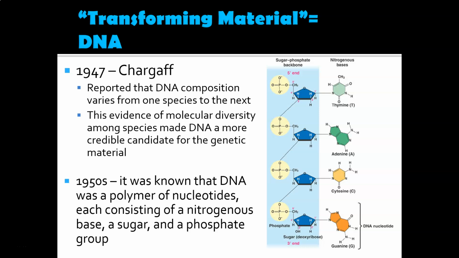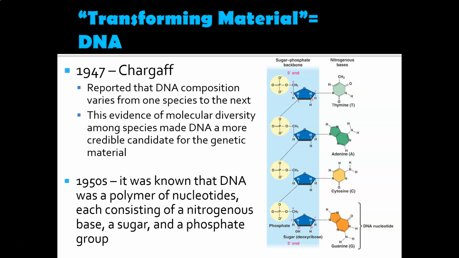So we're going to get a little bit more credence, a little bit more support for Avery's findings when we look at things in the 1940s and 1950s. So Chargaff, he's going to be the one who ultimately gives us Chargaff's rules, or our base pairing rules. So he's just off studying DNA composition. He's understanding that it varies from one species to the next, but what he is seeing is that there are these 4 different bases, and those bases always come in very specific proportions, right?